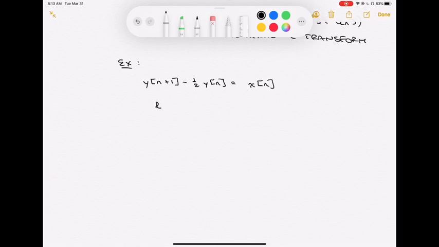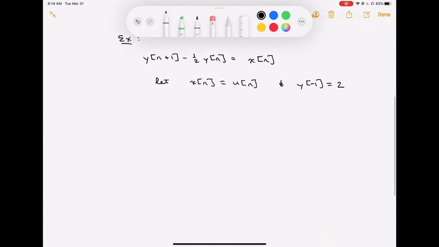And let's go ahead and let, in this particular example, the input x of n just be equal to the unit step. So we essentially turn on a light switch or apply a battery, and we're going to let there be some initial energy in this system reflected by an initial condition, y of minus 1 being equal to, let's just give it a value 2, something like that.